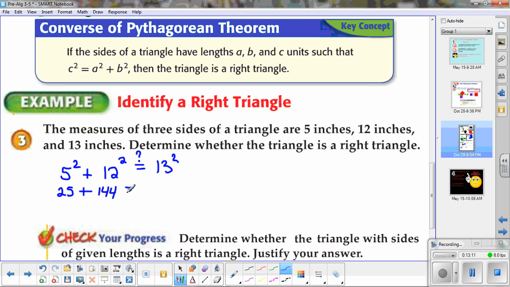And we want to know if that equals 13 squared. 13 times 13 is 169. Well, 25 plus 144 is 169. Since 169 does equal 169, we have just proved that yes, this is a right triangle.